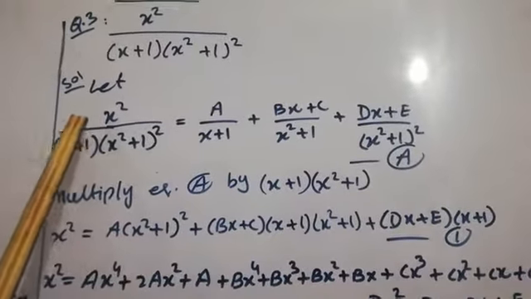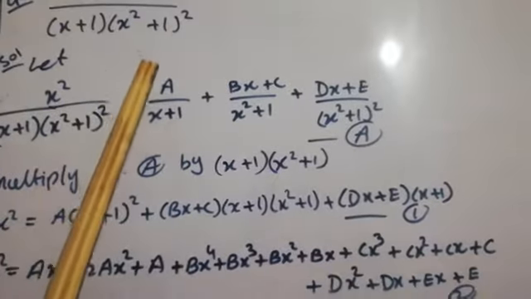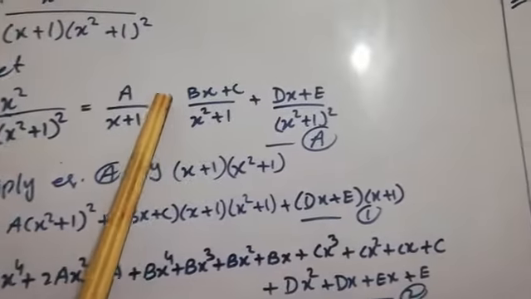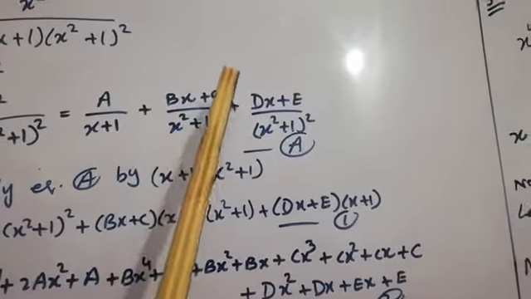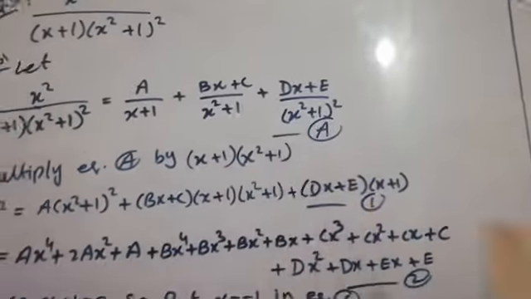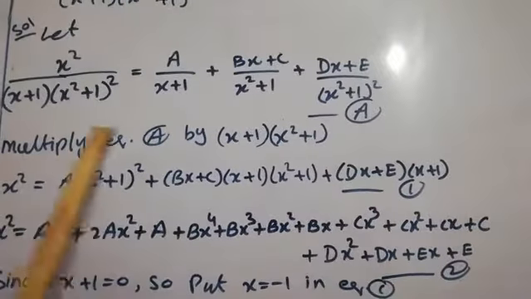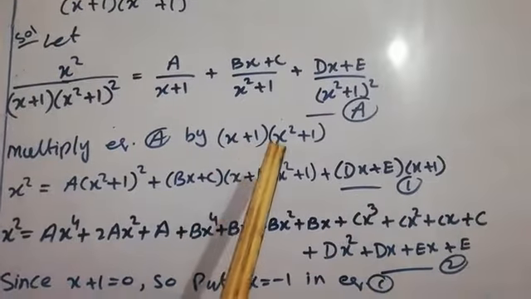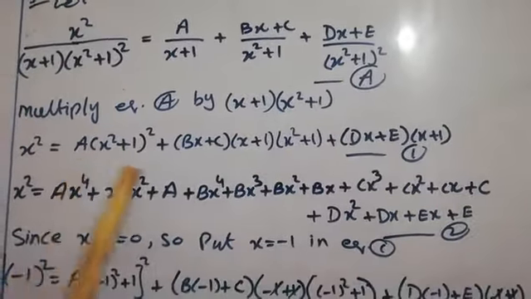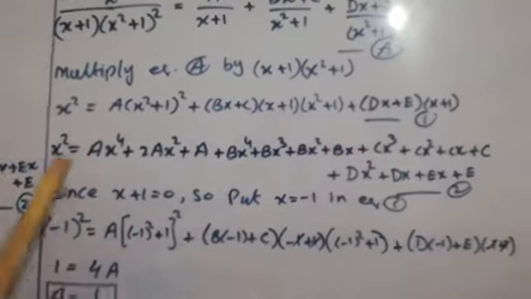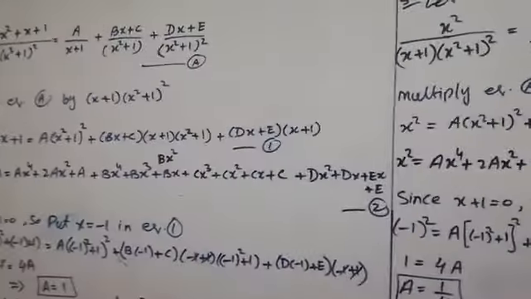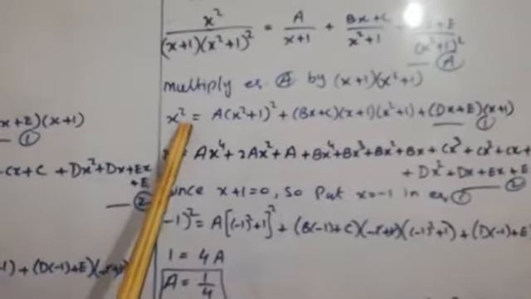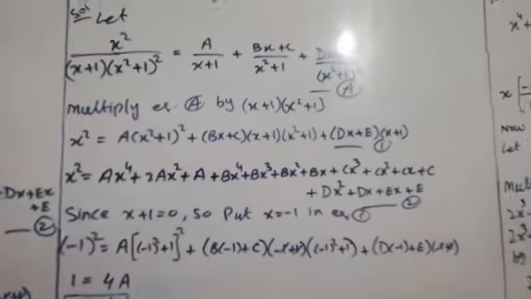First we put x square divided by the denominator is equal to a by x plus 1, bx plus c by x square plus 1, dx plus e by x square plus 1 whole square. Now we multiply equation A by the denominator, x plus 1 into x square plus 1 whole square, and then we get the value of x square. Both questions are equal except the left hand side, so the right hand side and the method are the same.